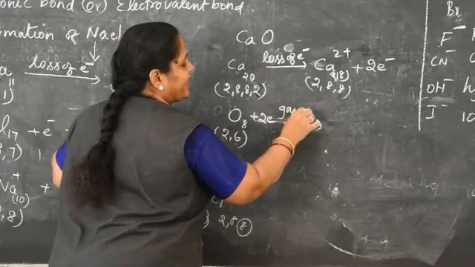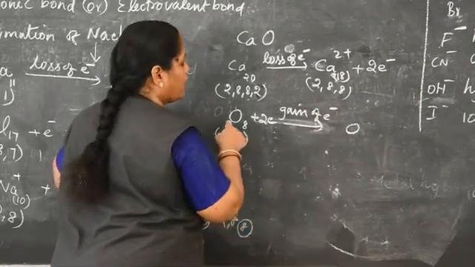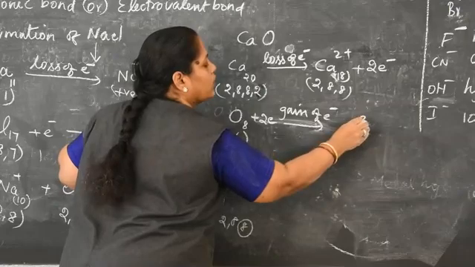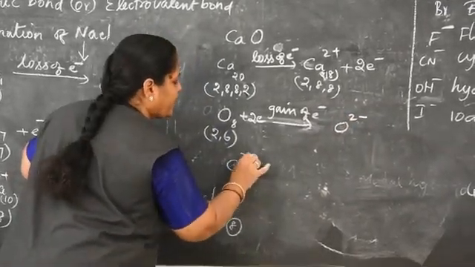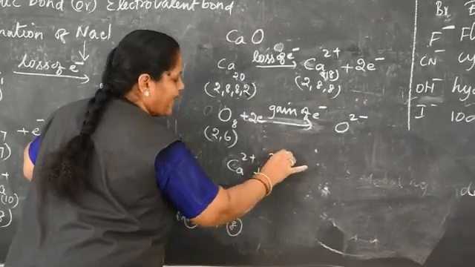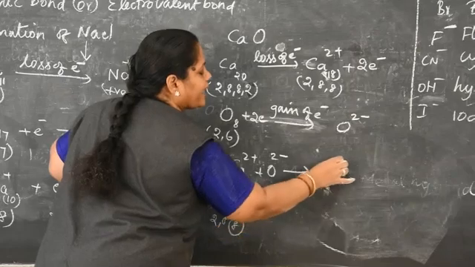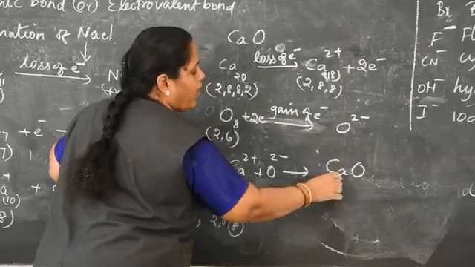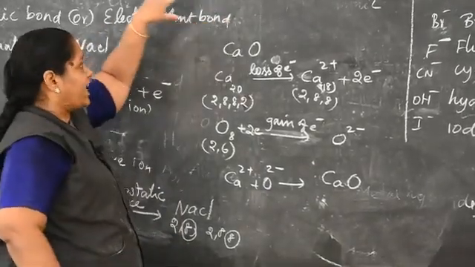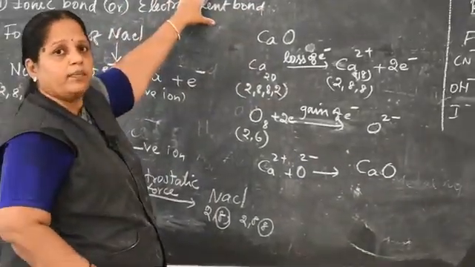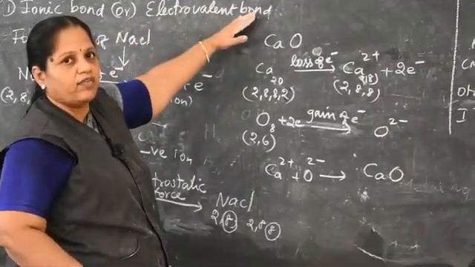So you write the sentence: gain of electron. It will become what ion? An anion. How much does it accept? 2 electrons. So it carries O2 minus. Between Ca2 plus and O2 minus, there is a force of attraction, that's why it forms a chemical bond. This is nothing but an electrovalent bond. Electrons are transferred from the valence shell, that's why it is called an electrovalent bond.